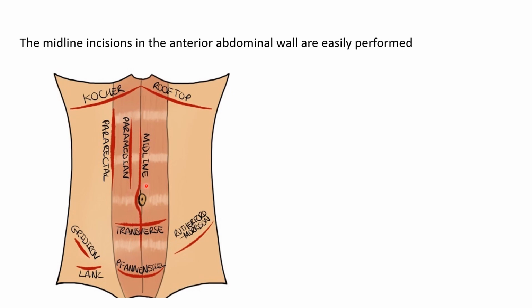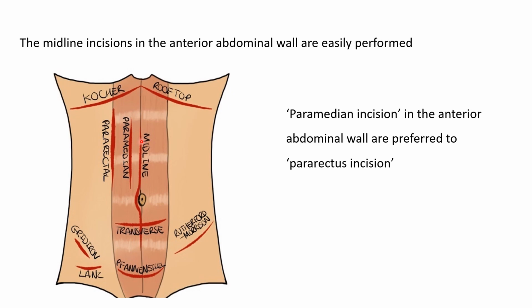Now next, coming to the paramedial incision and pararectus incision. Paramedial incision may be 1 to 2 centimeters away from this linea alba. It is considered to be slightly safer because you cannot see many nerves coming and piercing it. But the pararectus incision, as much as possible, we have to avoid.